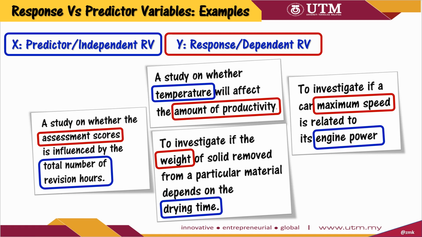For example, you can control the number of revision hours in the first example, or in the last example, you can control the engine power. However, what will the Y value, or to be precise, the predicted Y value for a given X value? This is what you will explore in this chapter on simple linear regression analysis.